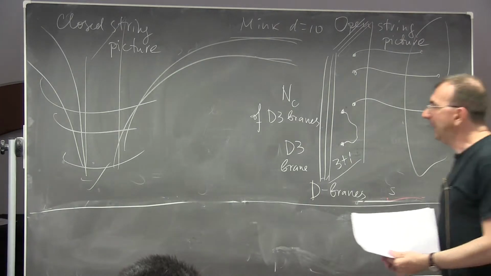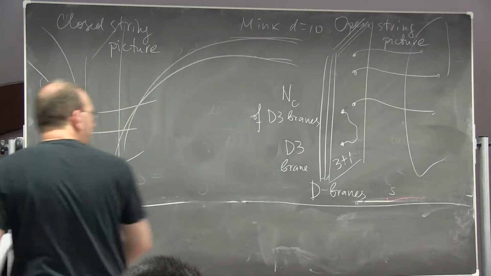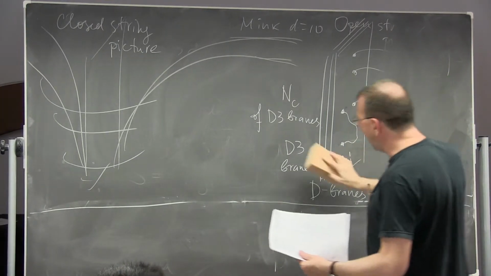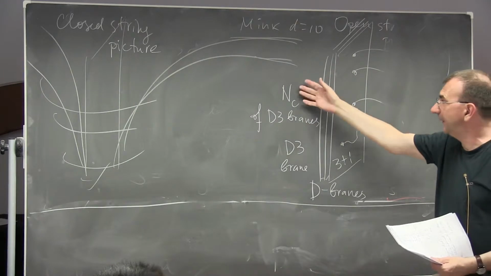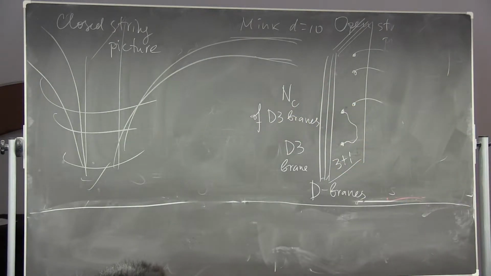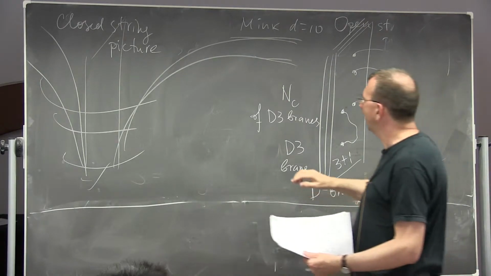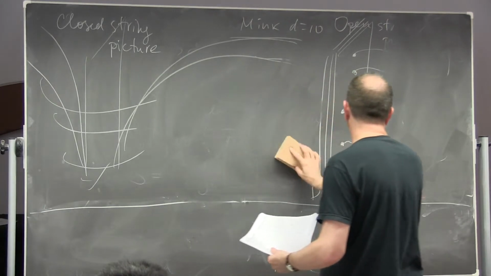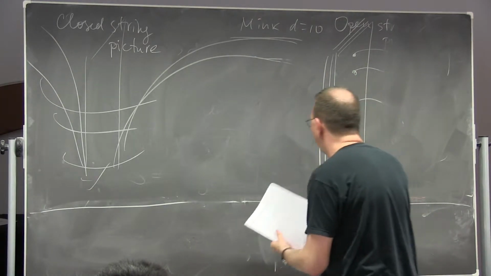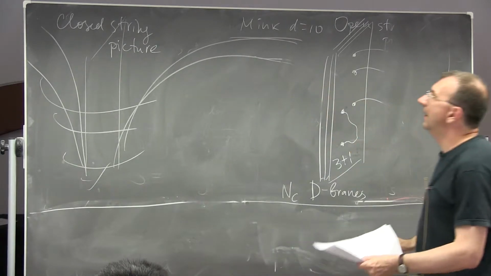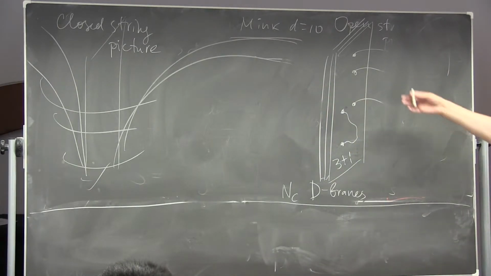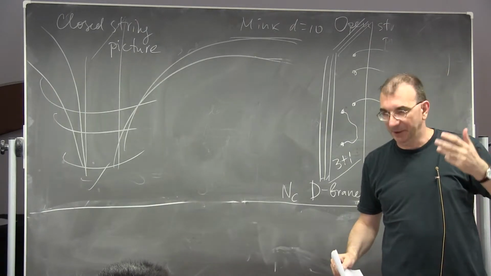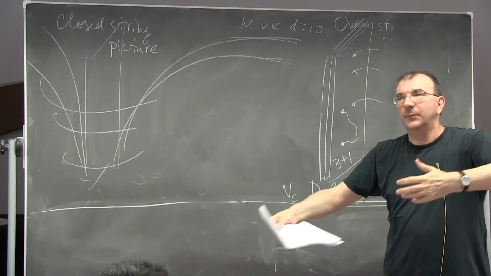And then you suspect that perhaps this gravitational solution is actually describing this collection of NC D3 branes, right? So why would you say this? You would say this because ultimately remember that each string and each brane has some tension, which means mass per unit world volume.